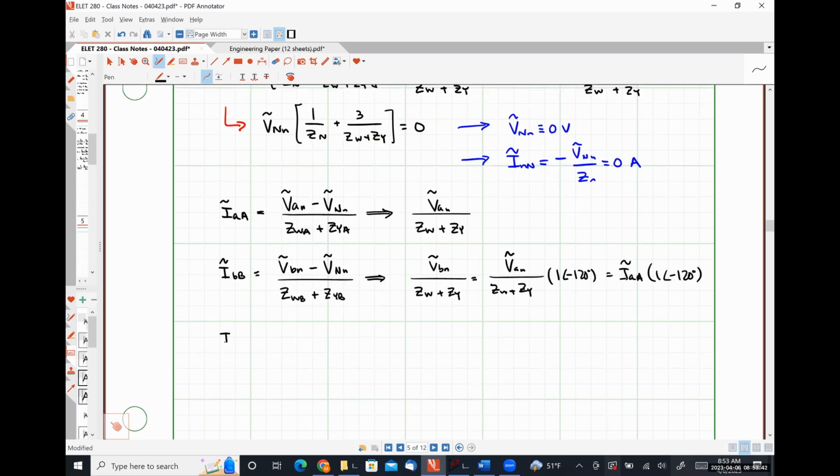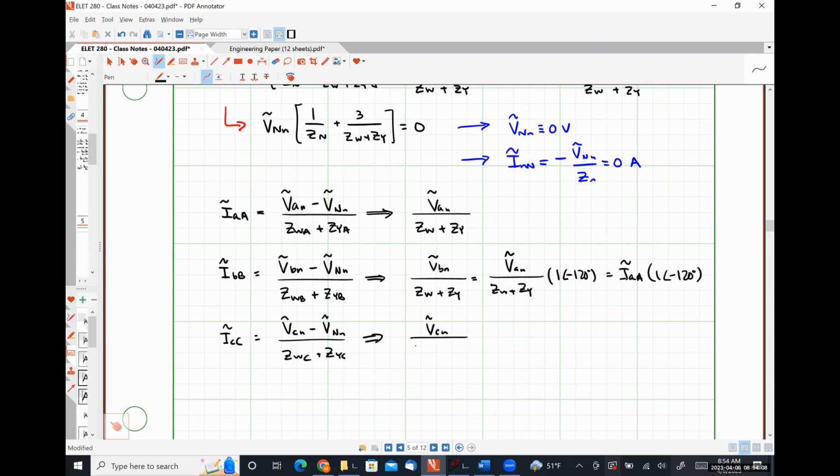So for ICC, this is going to look like VCN minus VNN over ZWC plus ZYC for a balanced system.